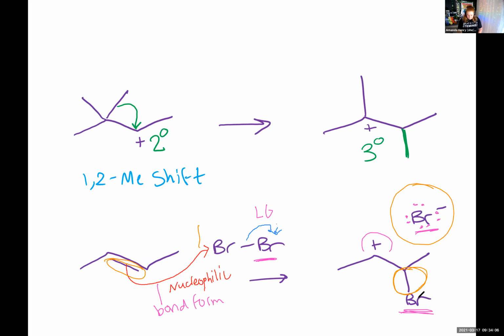So let's see. I'm not quite sure how to answer your question, but I'm going to do my best and we'll see if it answers it. The pi bond is bonded right now to those two carbons. So when we use those electrons to make a bond to something else, the bromine has to be bonded to one of those two carbons. We could have actually drawn it with the bromine on the left carbon and a carbocation on the right carbon, and that would be completely fine too.